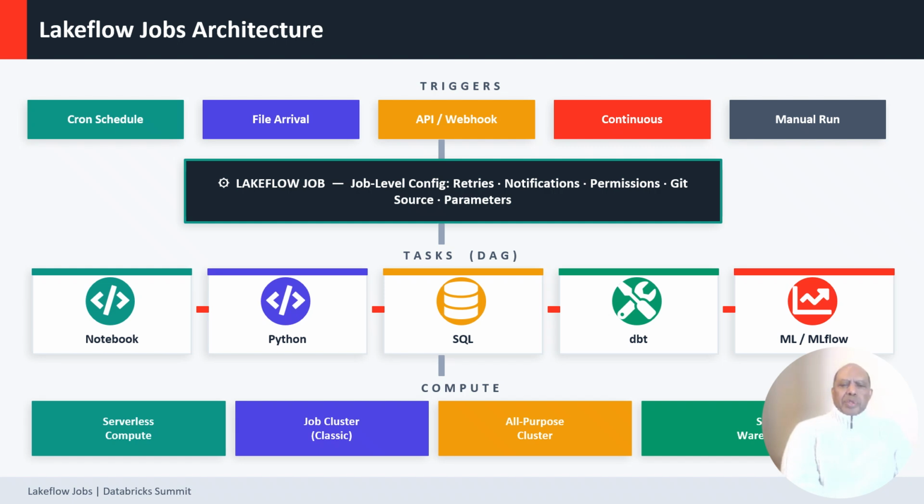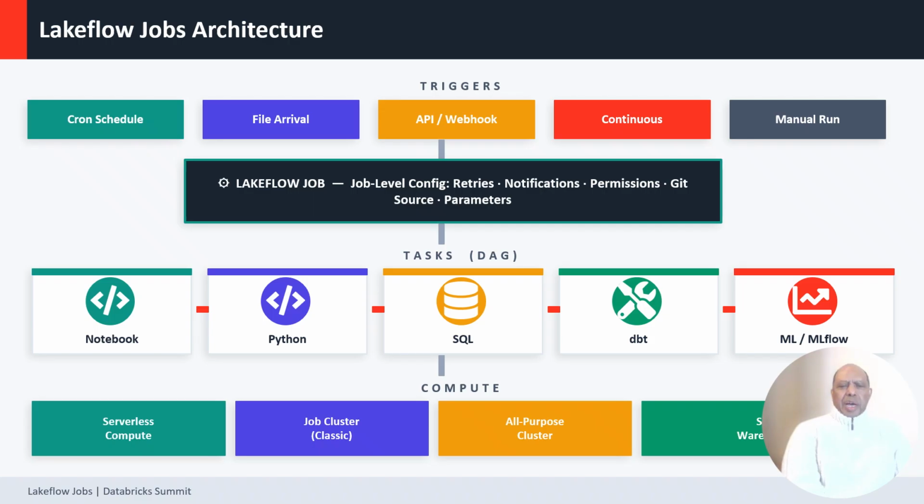Now, below the trigger is the job itself. Think of the job as the container. It holds all the configuration that applies to the whole pipeline: retry policies, notification settings, permissions, Git source integration, and job level parameters. Inside the job, you have your task DAGs.